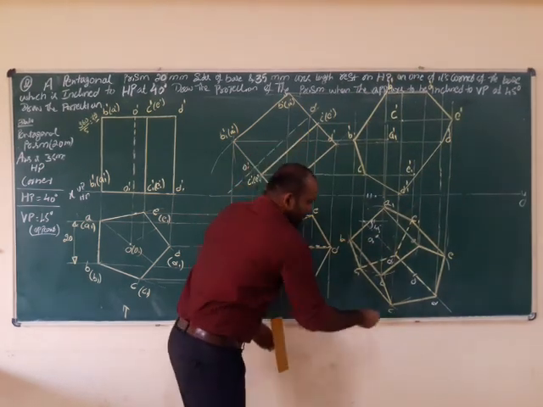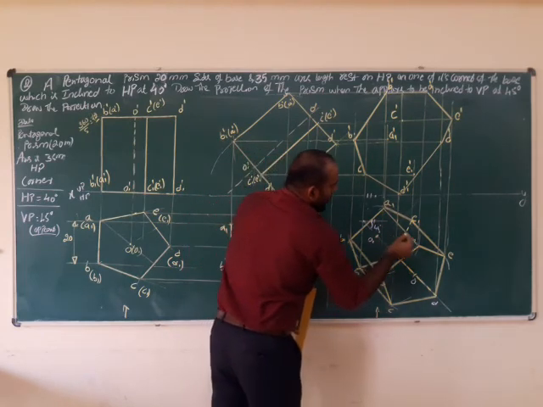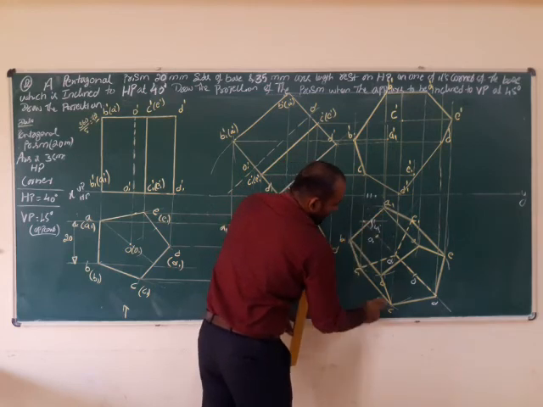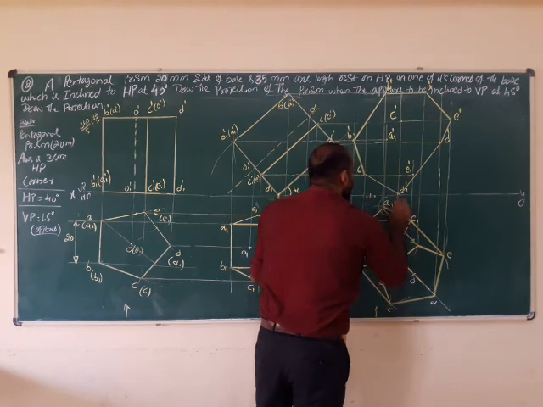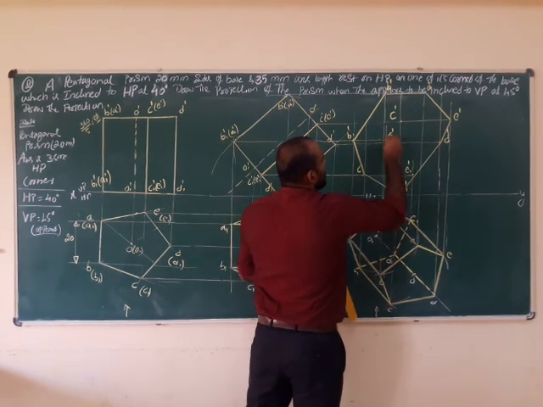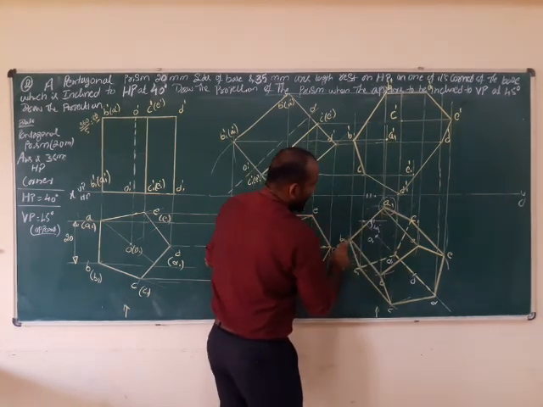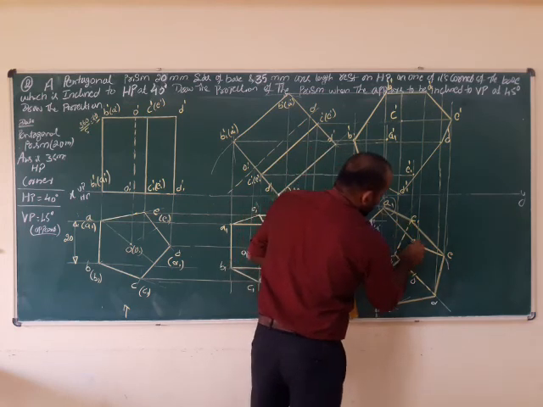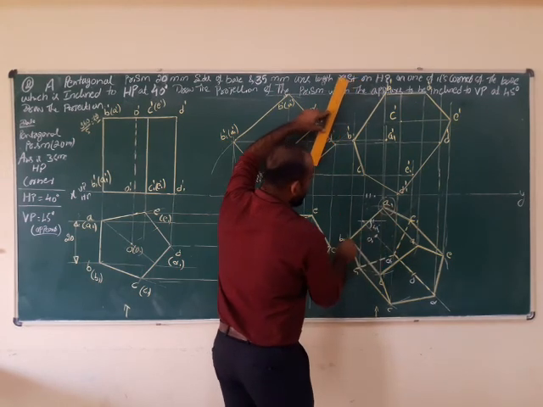Next, from the bottom view, a front view, the A1, B1, C1, D1. In that, the visible point is A1. From this A1 you have to join A1 to B1, A1 to E1, and A1 to A.